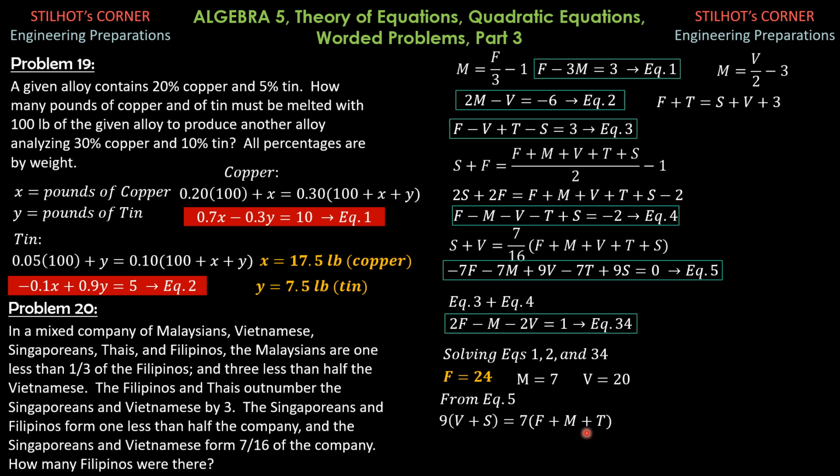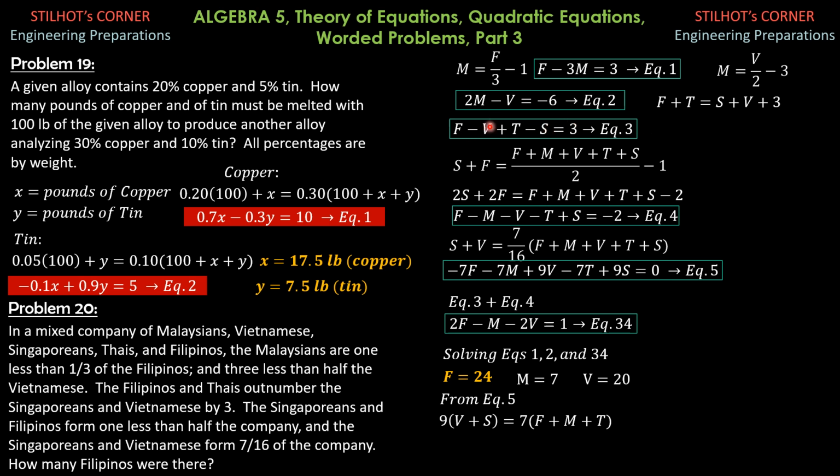Now substitute: V plus S is also equal to F plus T minus 3 from equation 3.